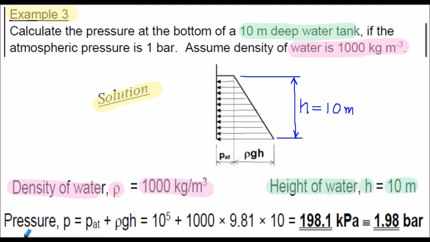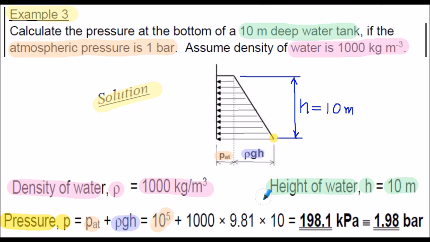To calculate the maximum pressure, P, at the base of the tank, this location here, we need to add the atmospheric pressure, P_at, to the pressure due to the weight of the fluid, that's rho gh. We're given in the question that the atmospheric pressure is 1 bar, so that's 10 to the 5 pascals here.